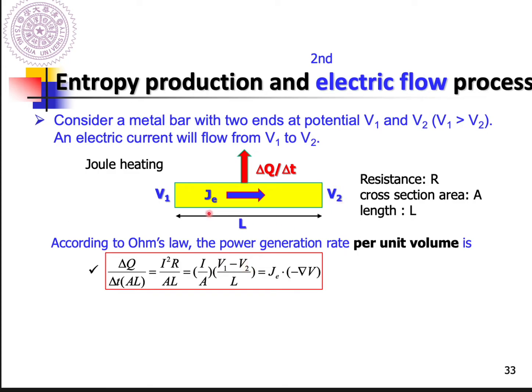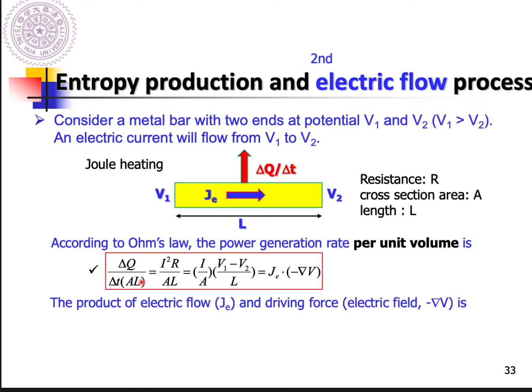But here, because the current goes this way, if you take the gradient, it should be V2 minus V1 divided by L, which is minus the electrical potential gradient. Okay, so now we got the power generation rate per unit volume.